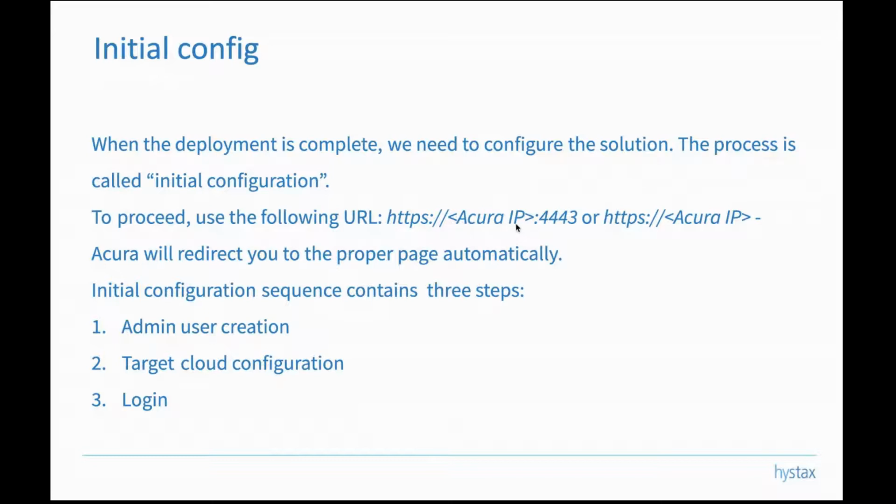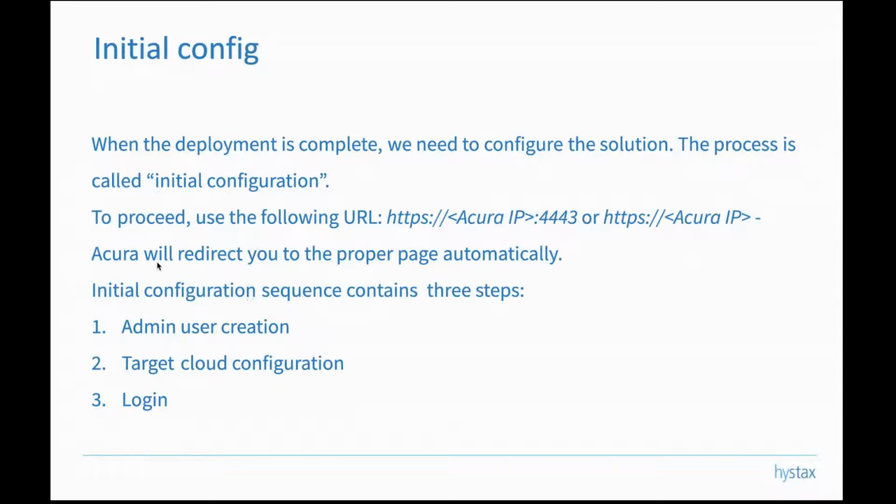You can either use it with the port 4443 directly or just HTTPS and the Acura IP, and in this way, automatically Acura will redirect you to the proper page with the initial configuration. And once the initial configuration is complete, this port becomes unavailable, and there is no way to pass the initial configuration one more time.